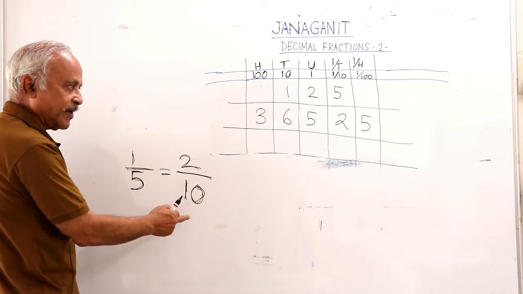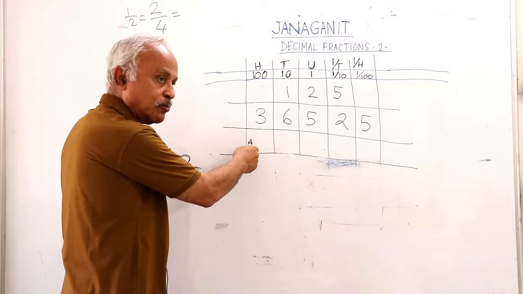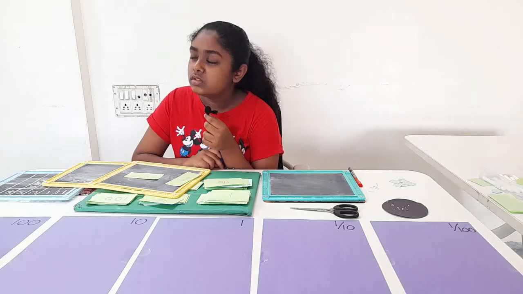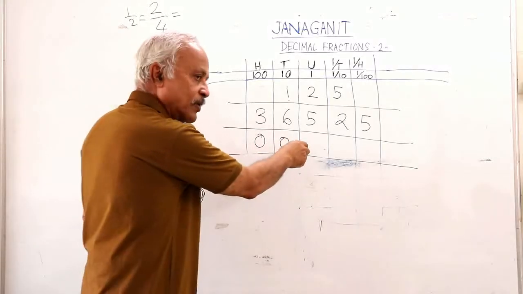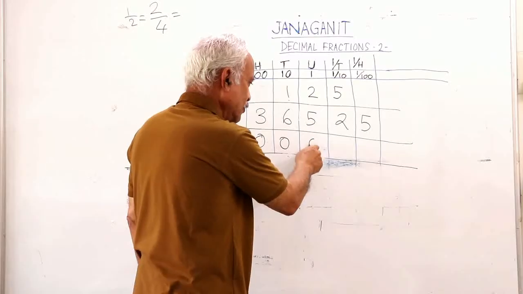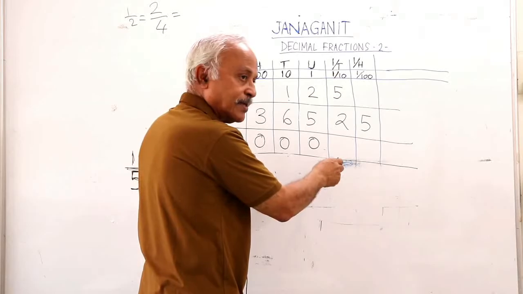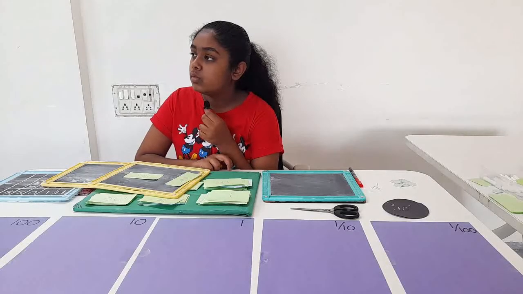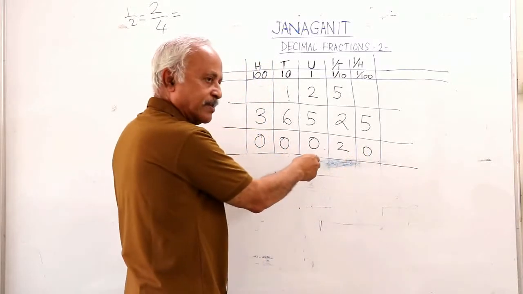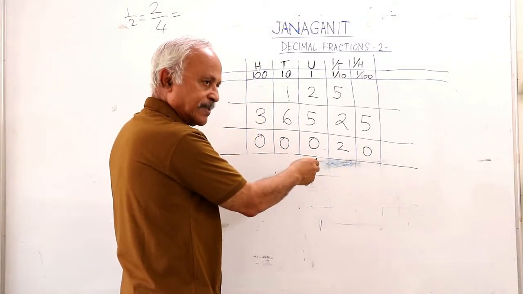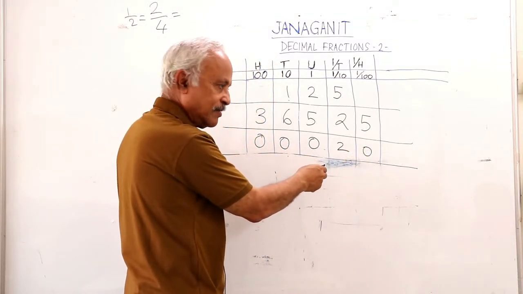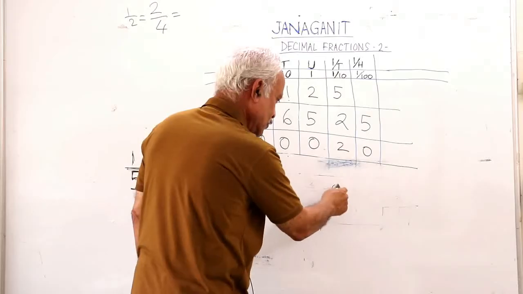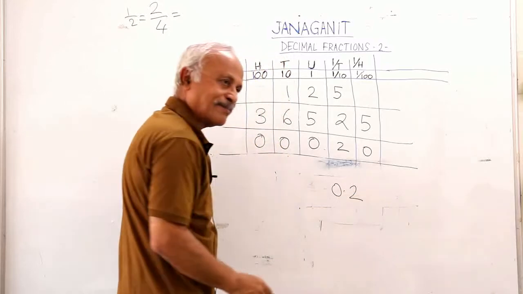So how will I write 1 by 5? How many hundreds on it? 0. How many tens on your slate? 0. How many ones on your slate? 0. How many 1 by 10s on your slate? 2. How many 1 by hundreds on your slate? 0. I have to write this now using decimal point. So how will I write it? 0.2. Got it?